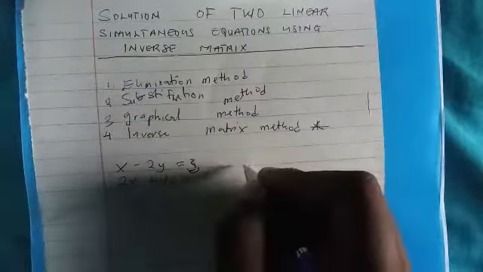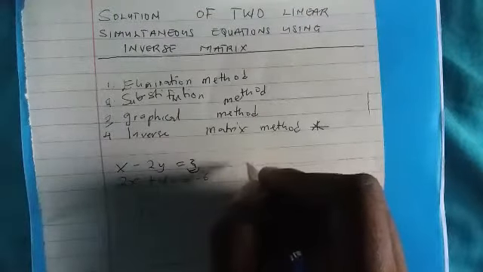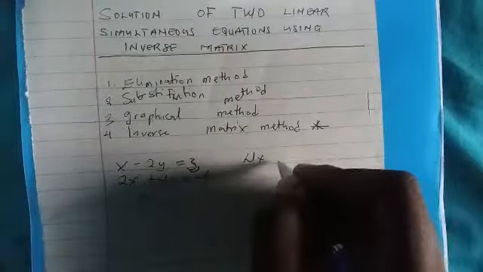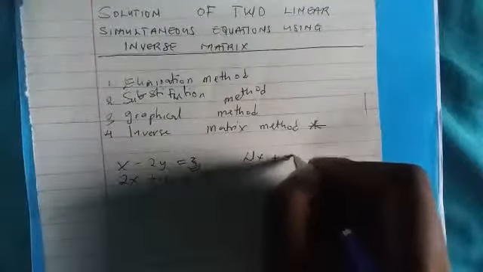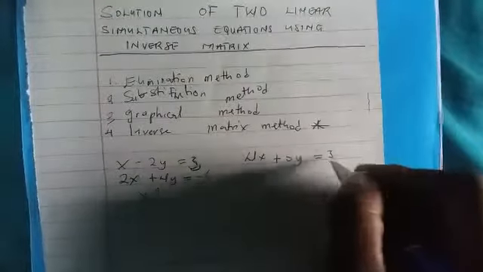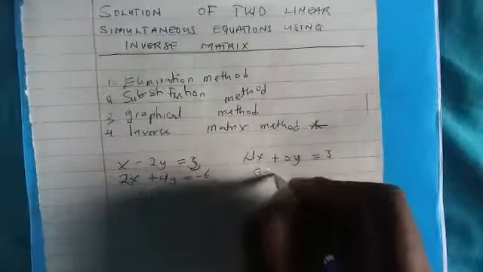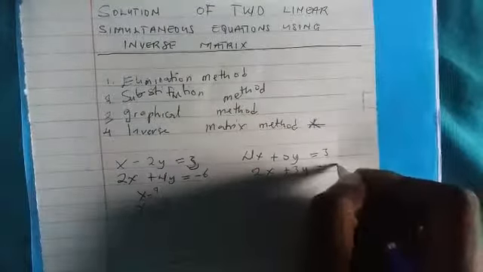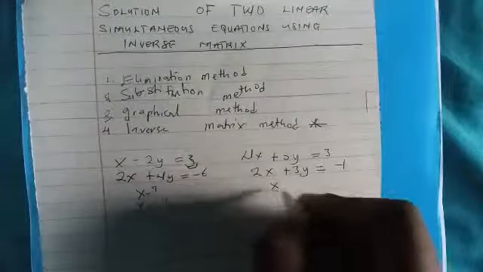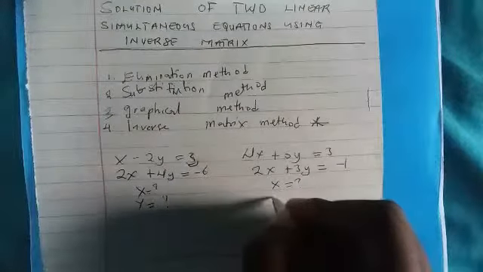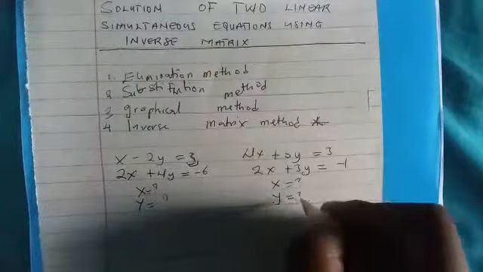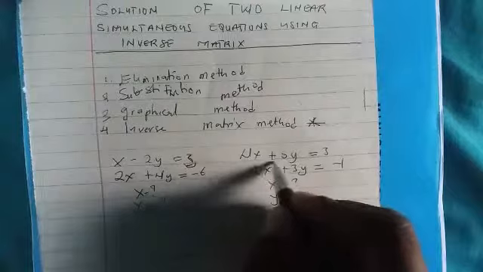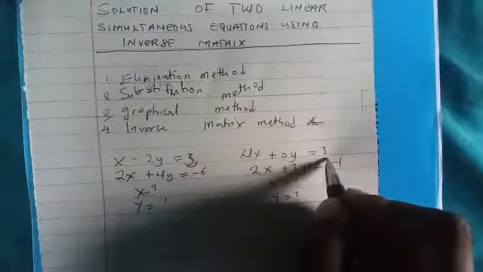Then we can also have equations like 4x plus 5y, which is equal to 3, and then 2x plus 3y, which is equal to minus 1. So here you have to find the value for x, and then the value for y, such that when you substitute the values of x and y into the first equation, you are going to get 3.